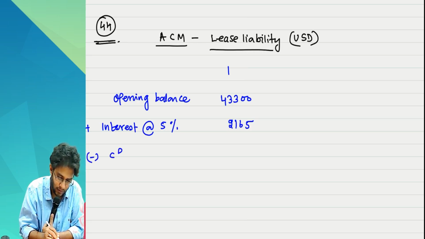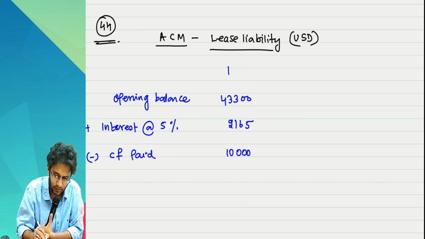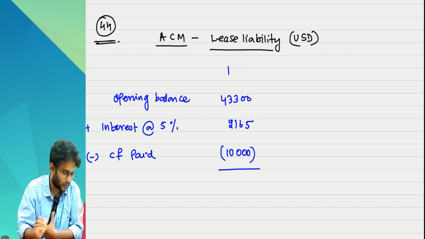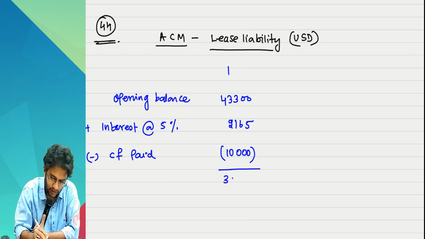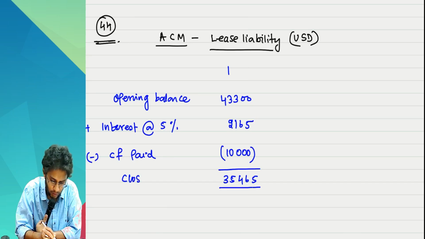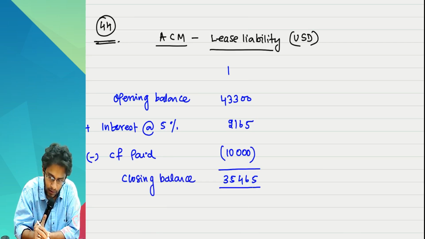Minus cash flows paid, that is the lease rents paid in the first year, that is $10,000. So that is 35,465. This is your closing balance. This entire thing is in dollars.